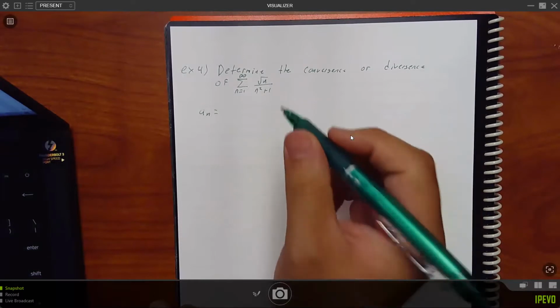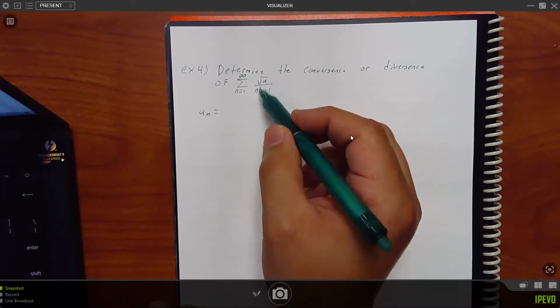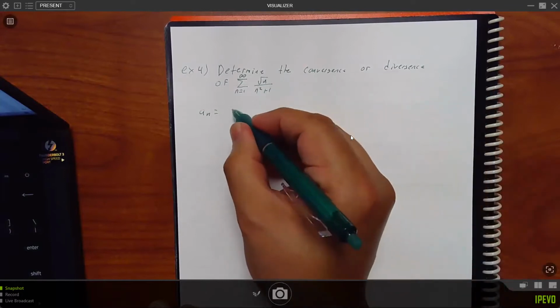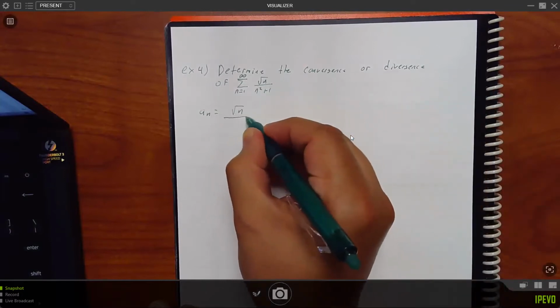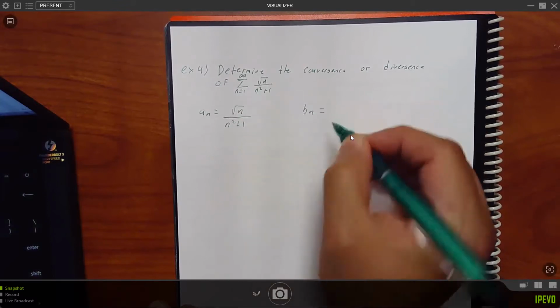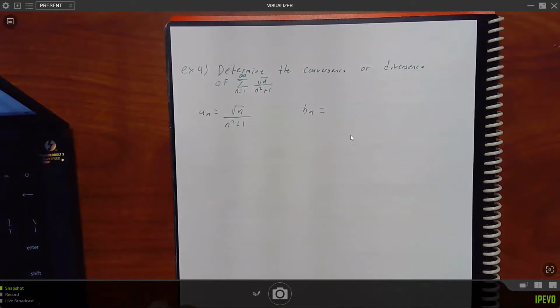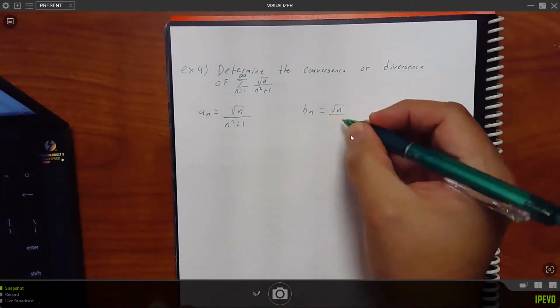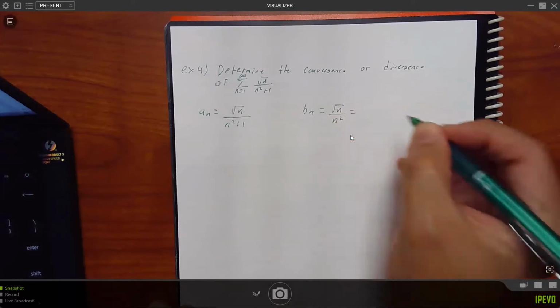Okay, so a sub n is going to be this guy, right? It's the original. So what do you guys think b sub n should be? Yeah, let's try that. n over n squared. What does that reduce to?